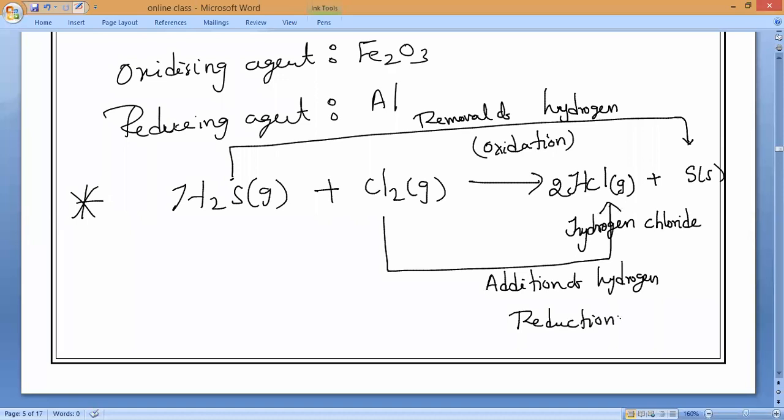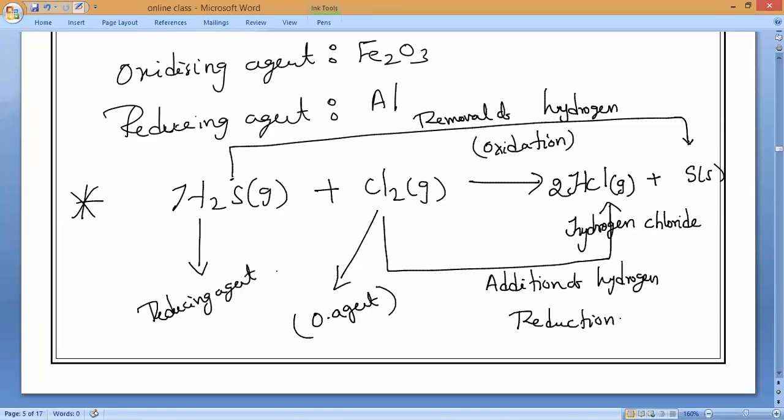Now, who is the oxidizing agent? The oxidizing agent is chlorine. Why is the oxidizing agent chlorine? Either it needs to supply oxygen or help in the removal of hydrogen. And this is called the reducing agent.